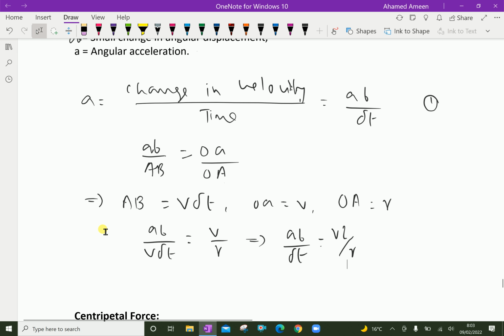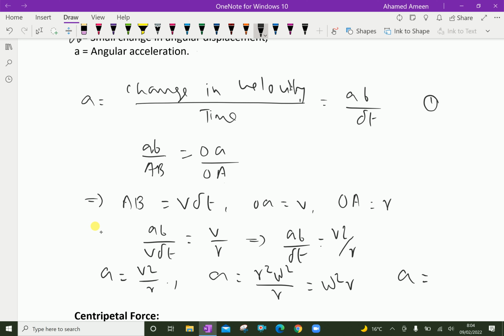Therefore, the acceleration is V squared by R. Substituting V equal to R omega, V squared equals R squared omega squared over R, which is equal to omega squared R. Therefore, we have the relation that the linear acceleration equals the angular speed squared times the radius.